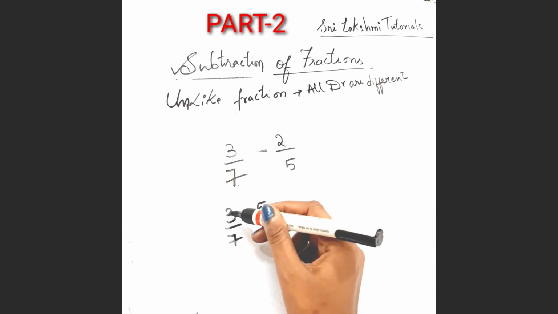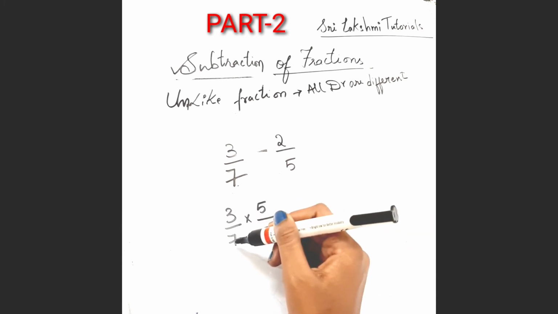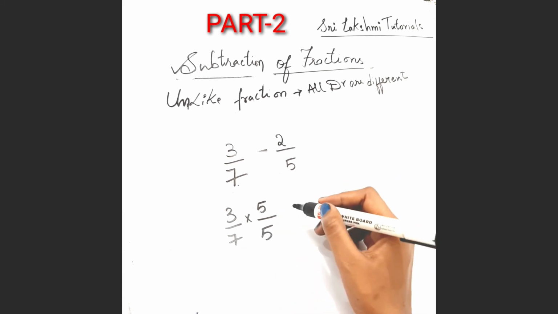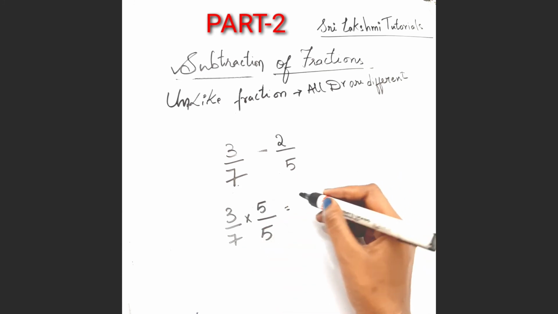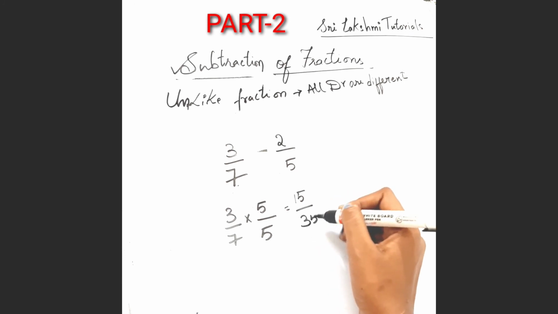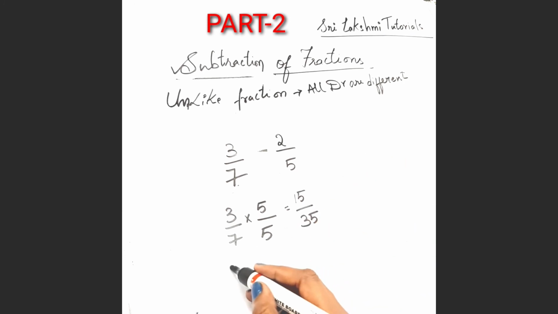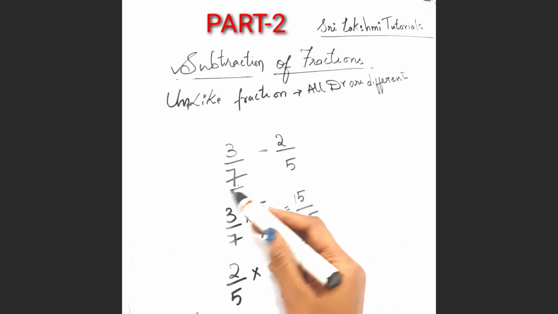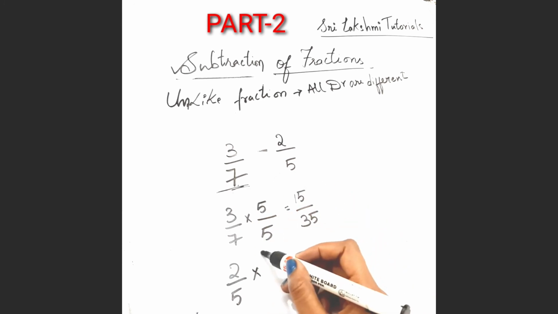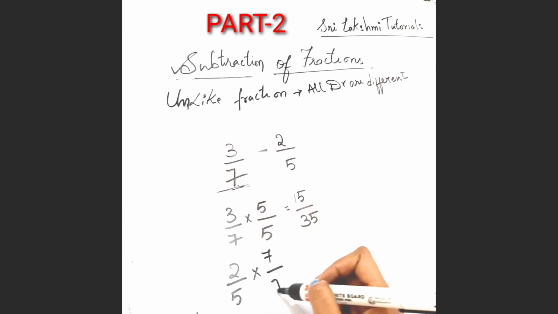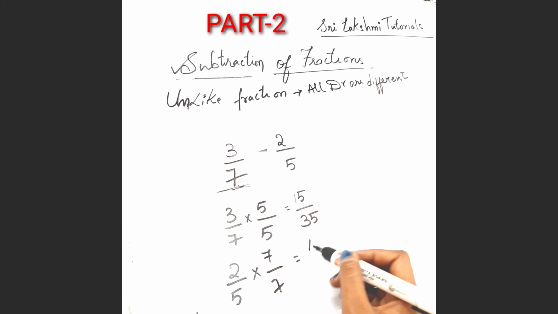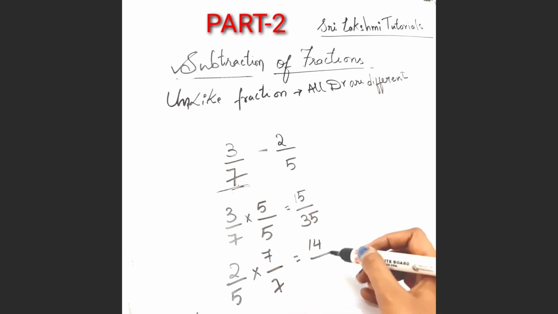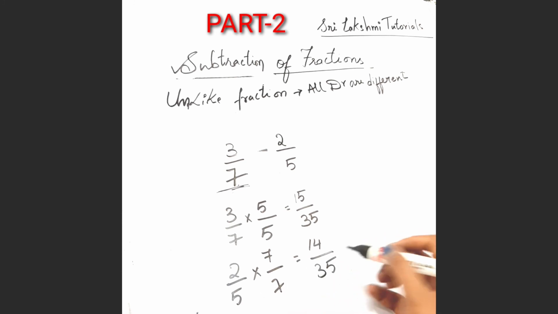Means 5 multiplying with 3 and 5 multiplying with denominator 7. Now how much? 5 3s are 15. 5 7s are 35. Now the same process should be done for second fraction 2 by 5. And what is the denominator of first fraction? It is 7. 7 by 7. 7 2s are 14. 7 5s are 35.